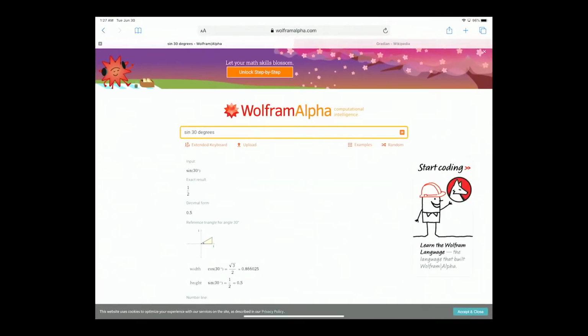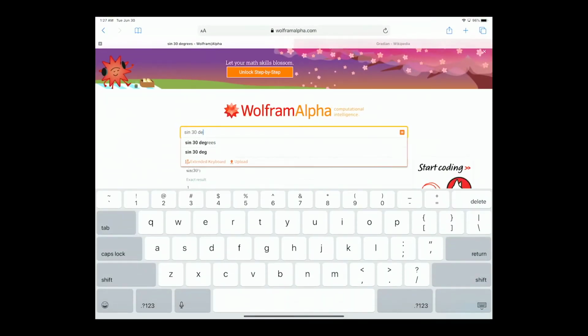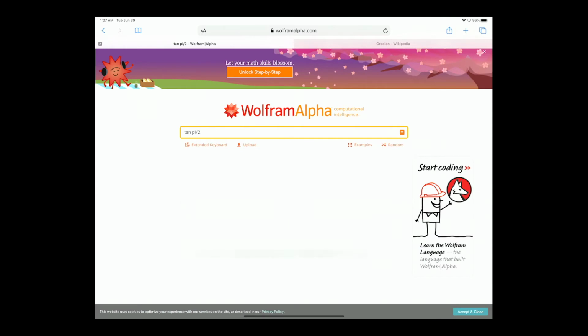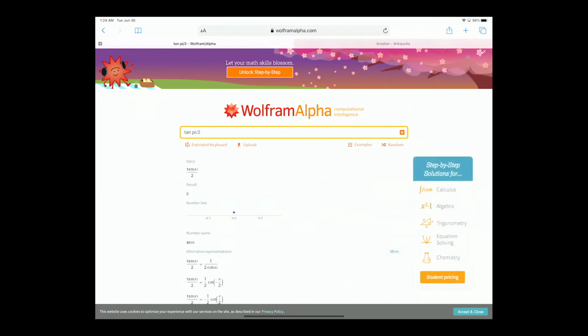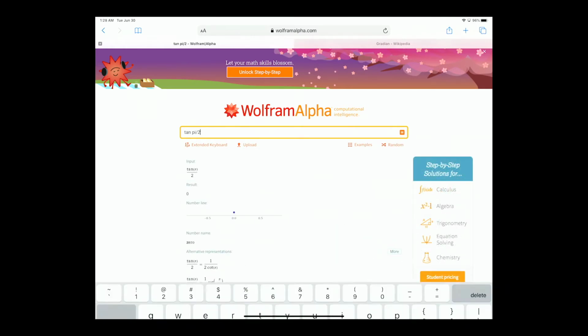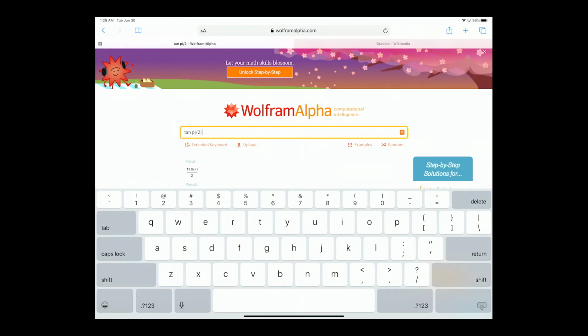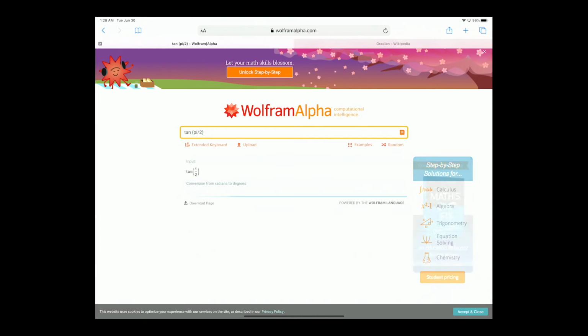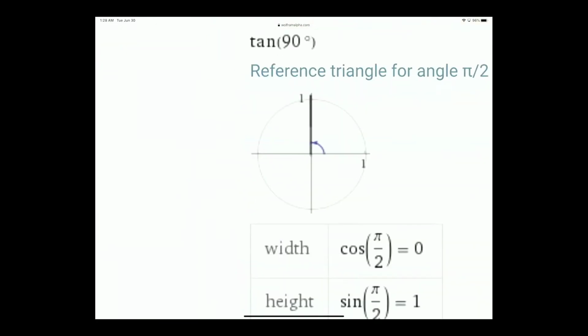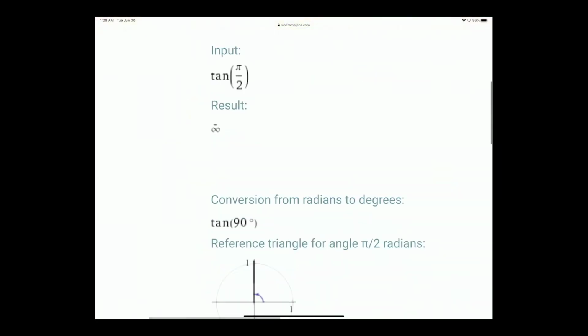So if I go to Wolfram Alpha and I say tan pi over 2, nope, it interpreted it the wrong way. Try that. What's it say?